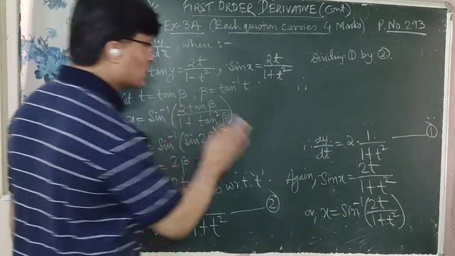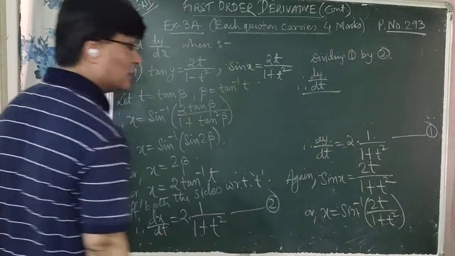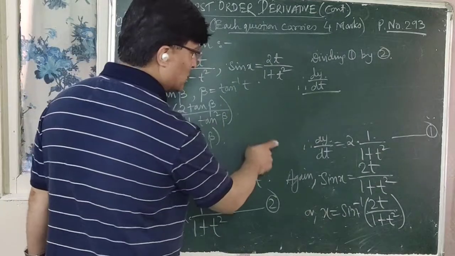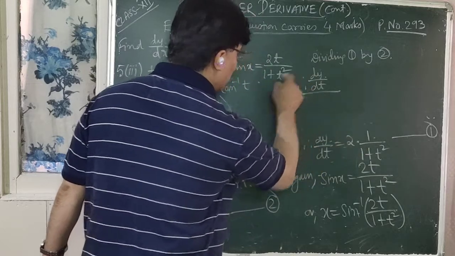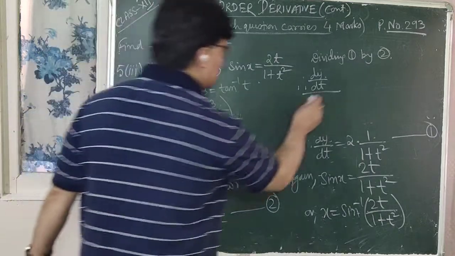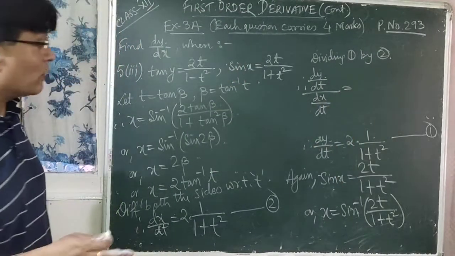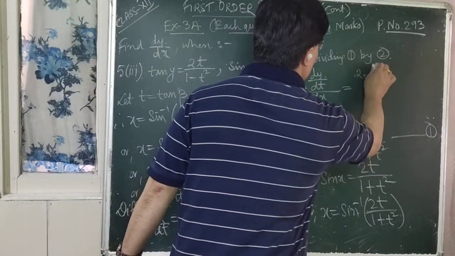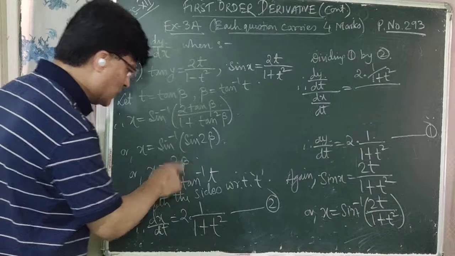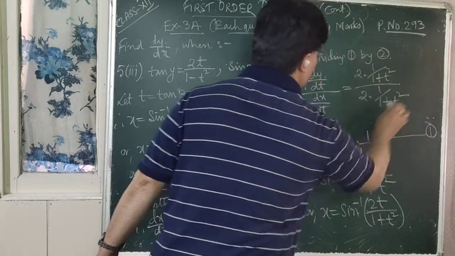Write down the left hand side of number 1 in the numerator, dy by dt, divided by the left hand side of number 2 in the denominator, that is dx by dt, which is equal to, on the right hand side, the right hand side of number 1 in the numerator, that is 2 into 1 upon 1 plus t square, whole divided by the right hand side of number 2 in the denominator, that is 2 into 1 upon 1 plus t square, right?